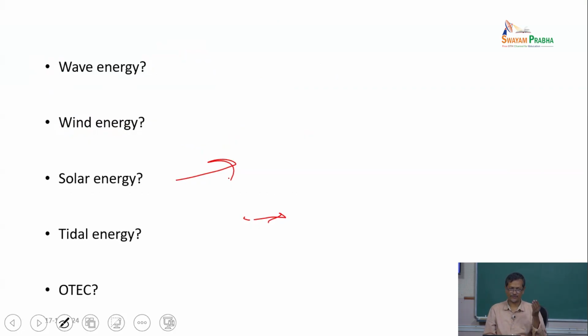Why? Because the sun creates a difference in temperature, and because of the temperature difference wind will be blowing. Next, waves are also coming from the sun. How? Solar energy hits the water surface, there is uneven heating because of sun rays falling here and there at different times, and wind will be blowing. So, wind is blowing over the ocean surface.